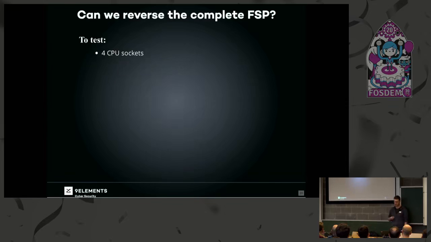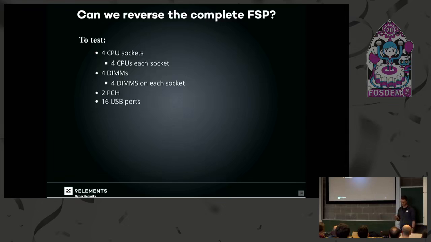Then there's usually the question: can we reverse engineer the complete FSP and have some stats? Assume you have 4 CPU sockets with 4 CPUs each and 4 DIMMs for memory, and you test 4 different DIMMs, 2 south bridges, 16 USB ports, quite a few PCI Express lanes which can again be equipped with different devices, and up to 8 serial ATA ports.